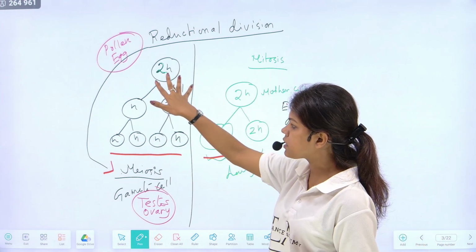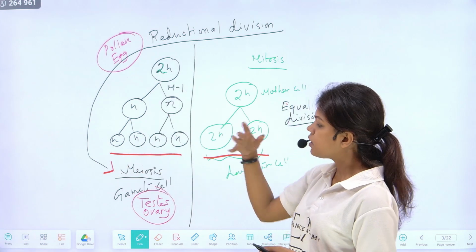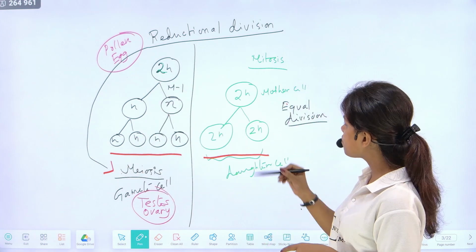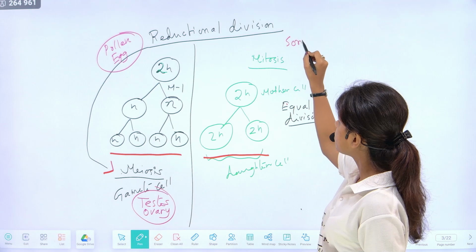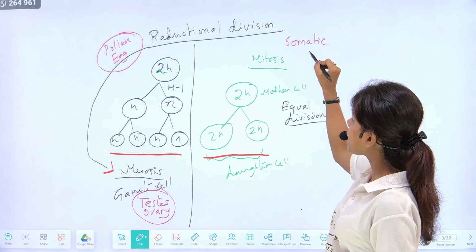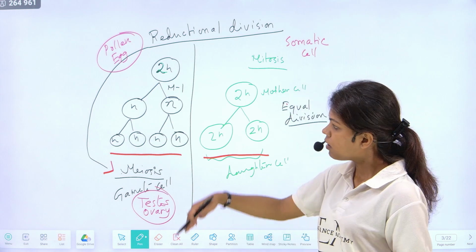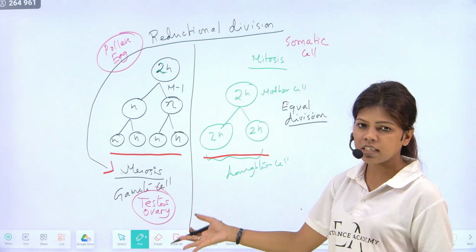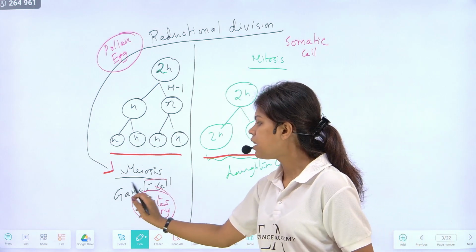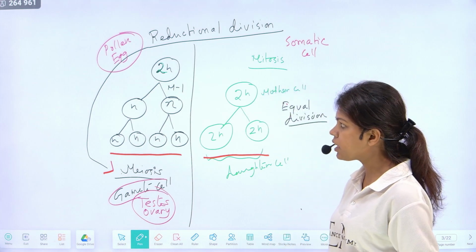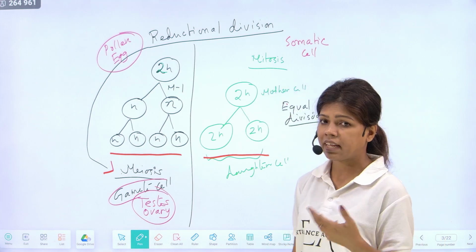Here from one mother cell, four daughter cells are produced. Third, mitosis cell division we can find in somatic cells, that is, the cells of skin, liver, pancreas, kidney. But meiosis cell division we will find in gamete cells: testis and ovary in the case of animals, and pollen and egg in the case of plants.